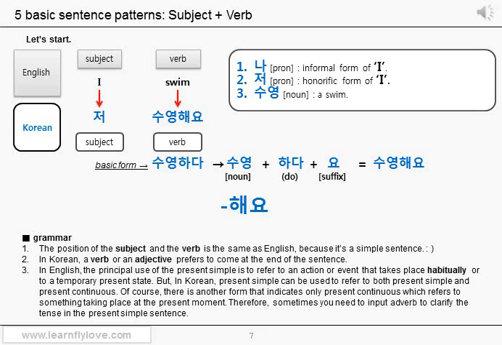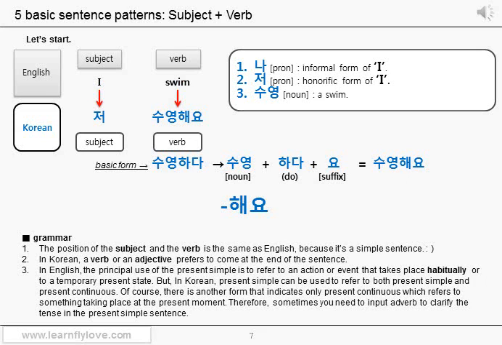The Korean word for the English pronoun I is 저. 저 is the honorific form of I. So you can use it in an honorific sentence with the honorific suffix such as 요 or 니다. As we learned, the basic form of the English verb swim is 수영하다.